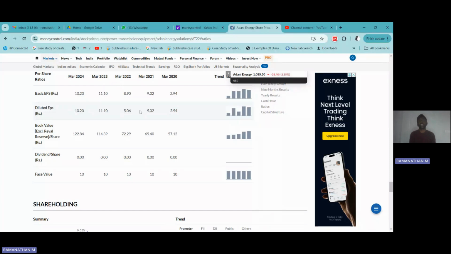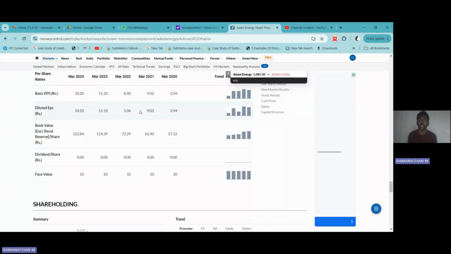I have opened the Money Control app, an official website like BBC News, as you all know. It is an app where you can open the financial data of any public company listed on the National Stock Exchange and Bombay Stock Exchange.